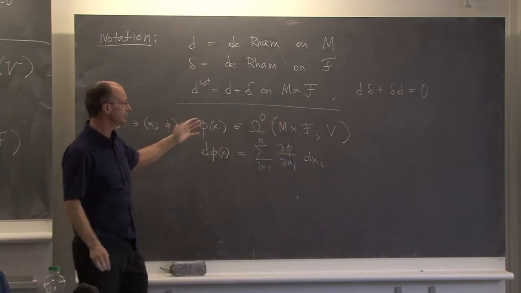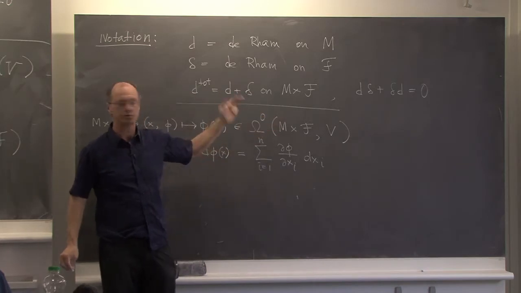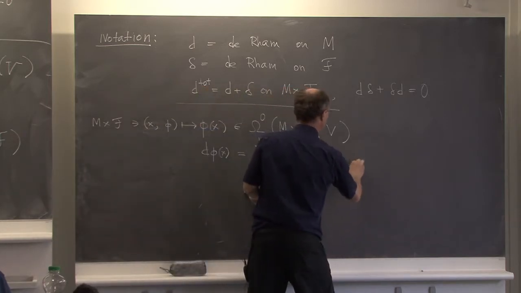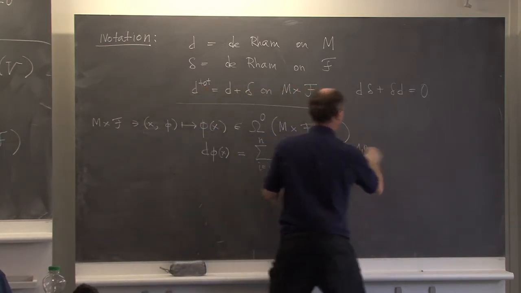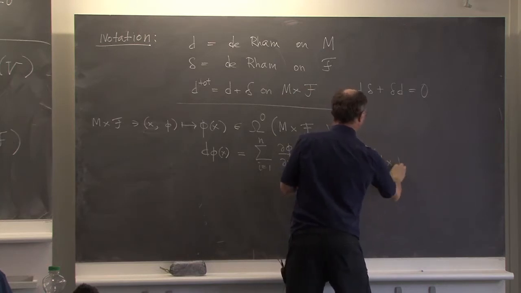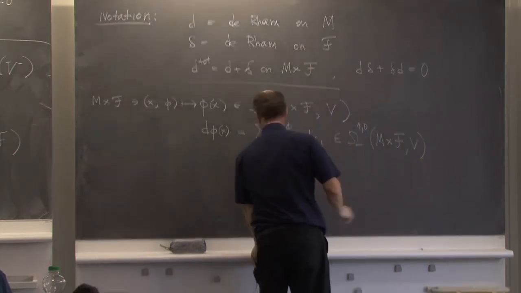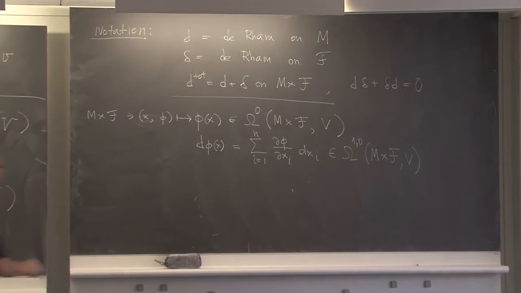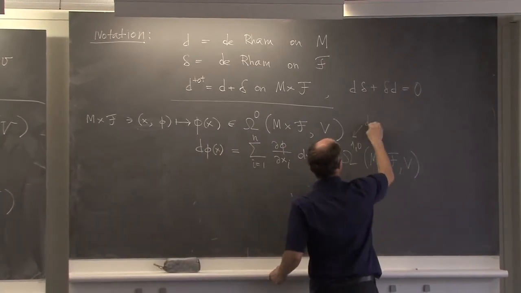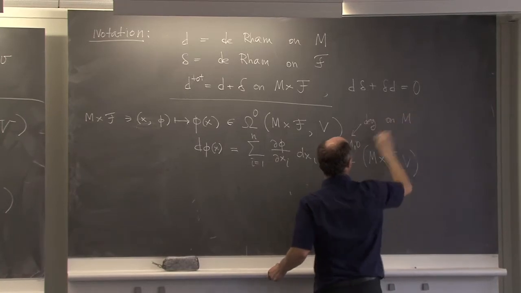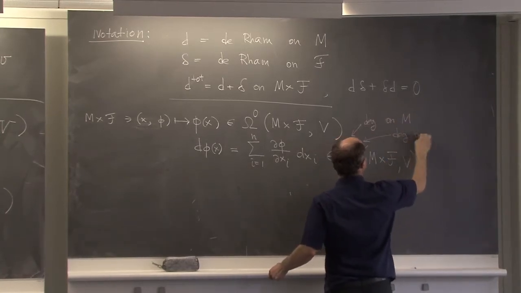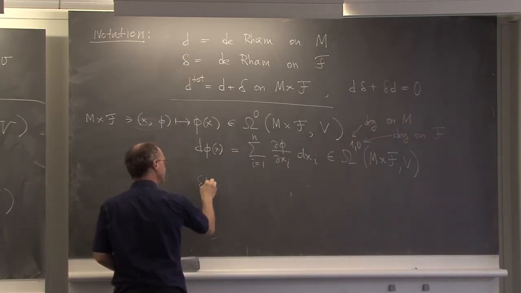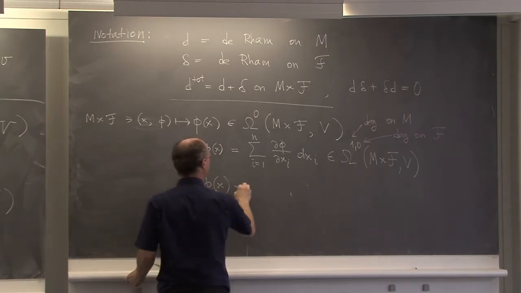In fact, you can introduce a bi-grading. We can keep note of the grading on M and of the grading on F, right? So we can say that this is a 1,0 form on M cross F with values in V. So this is a bi-degree which keeps track of the degree on M, and that's the degree on F. Well, in a similar fashion, we can look at delta phi of x.